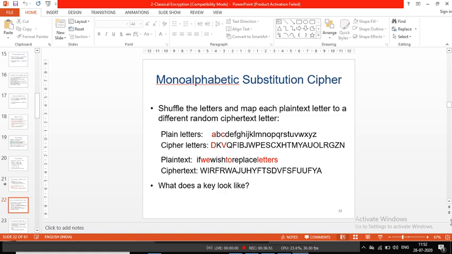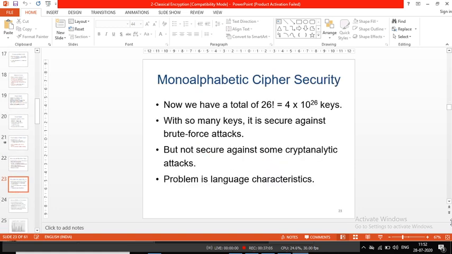Clear? So this is the major difference between the Caesar cipher and monoalphabetic cipher. This is an advanced version of the Caesar cipher. So how is the monoalphabetic advanced compared to Caesar cipher?